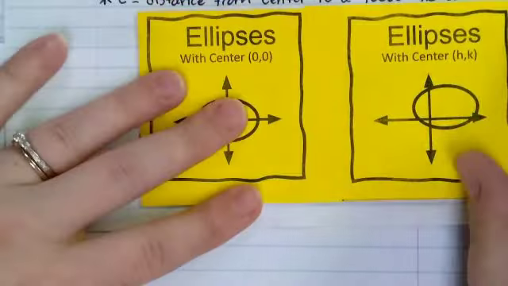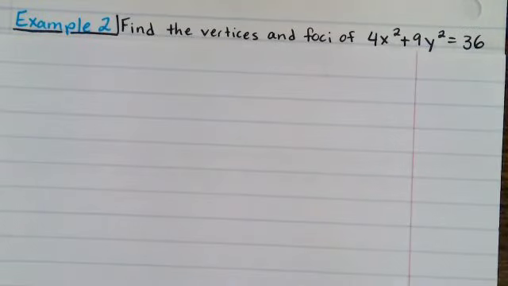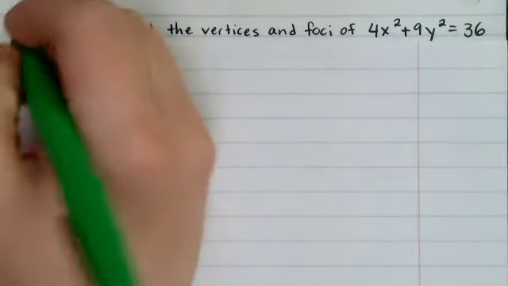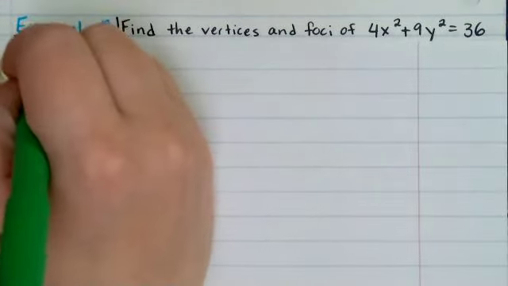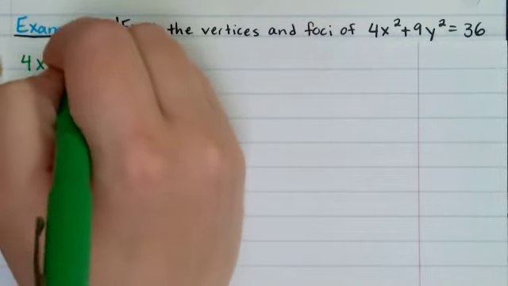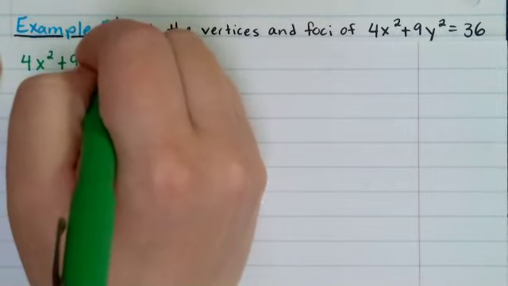So there's a couple methods you can do to kind of get around this. But what I'm going to suggest we do is first see what I can do to get this value to be a 1 on the right side. And I think the easiest way to do that is just to divide through by 36. And that will cause us to have a 1 right there.